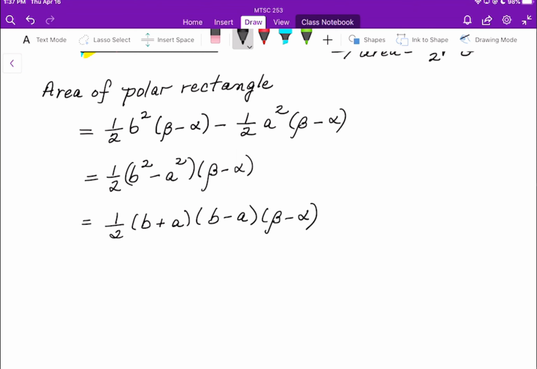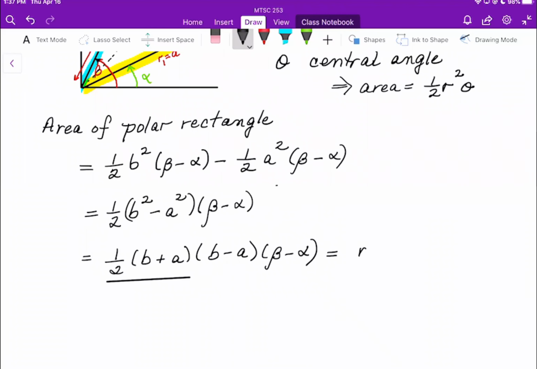And so B plus A over 2, if I just take this B plus A over 2 part, that's the average value of R. So that looks like R bar. And then this right here, B minus A, that's just the change in R, delta r.